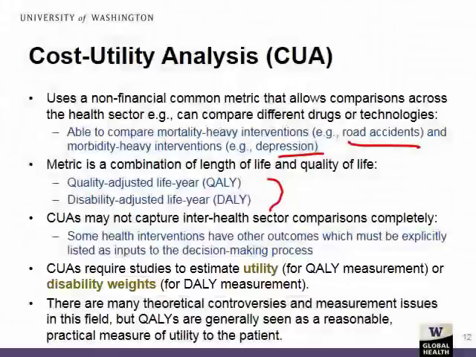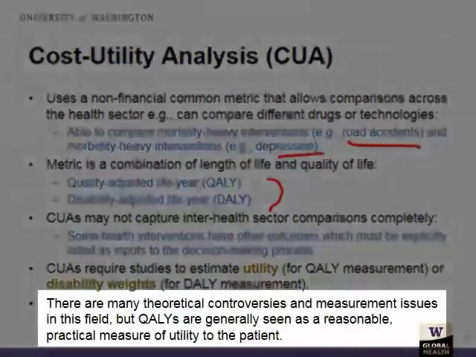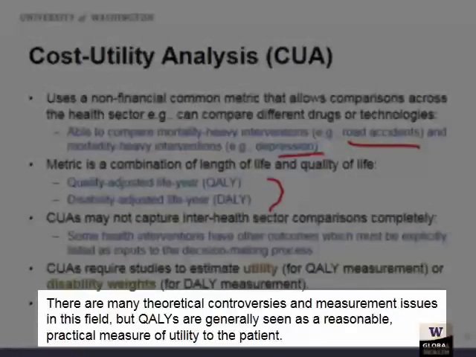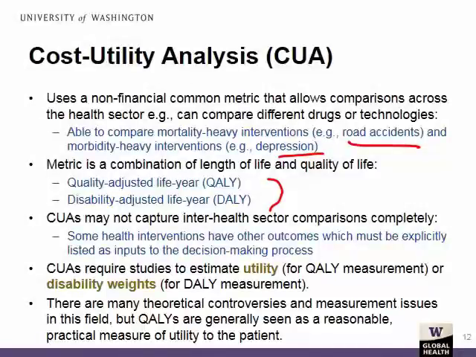And though there are some theoretical controversies, QALYs are generally acceptable in the field and have been used in a large amount of studies. So you'll see many studies that are cost utility analysis that measure the cost per QALY saved or the cost per DALY averted, and we'll look at examples.